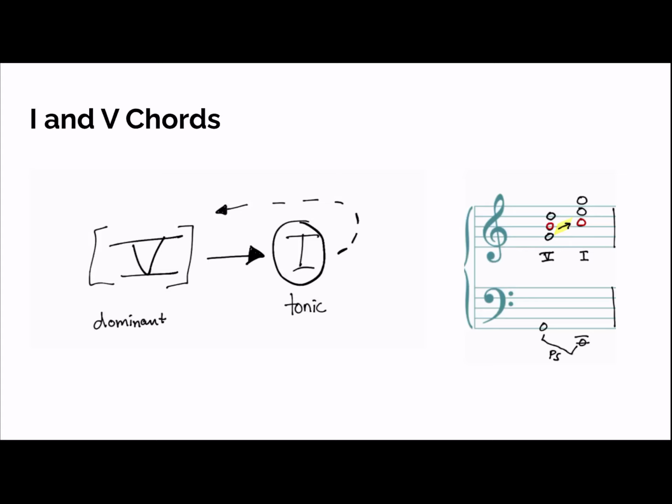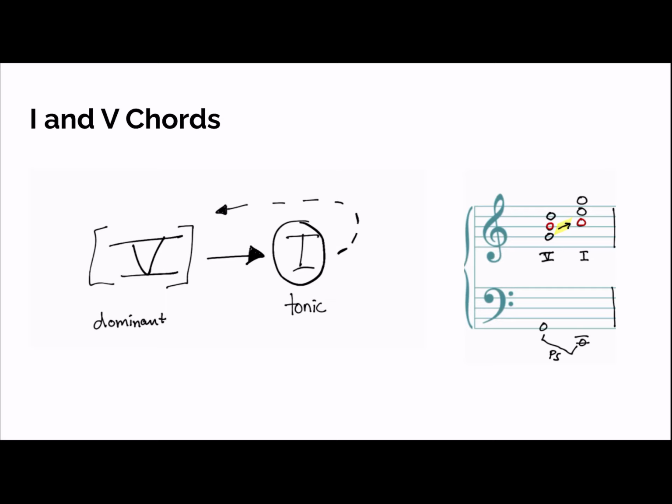So moving on, we're going to start talking about 1 and 5 chords. We're going to be living in C major, and these diagrams that I've included in this PowerPoint show the relationship between the chords and how most often they resolve.